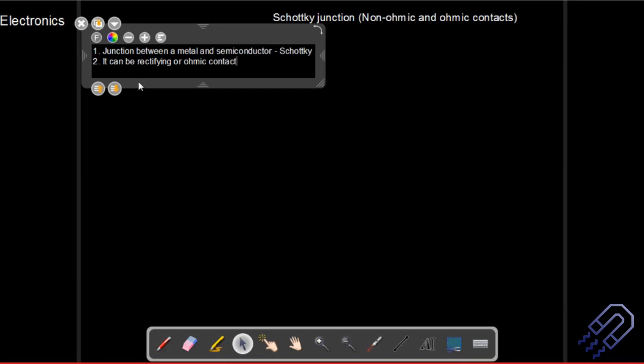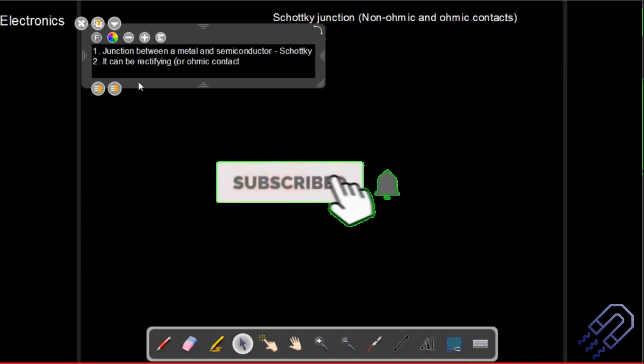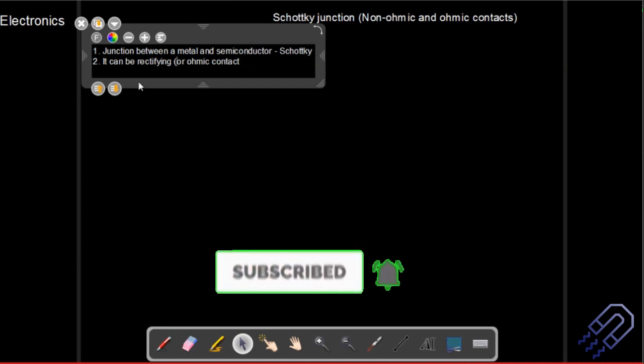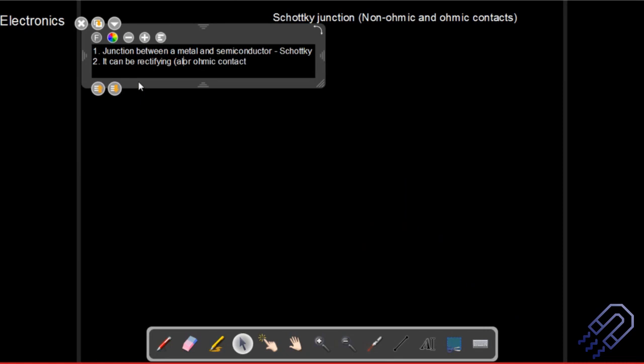But if I just tell you what is rectifying, one of the most important properties of a rectifier is, what is the application of a rectifier? We already know, you can convert an alternating current to direct current. So that is one of the applications of a rectifier, a rectifying circuit. A rectifying circuit basically allows current to flow in only one direction.